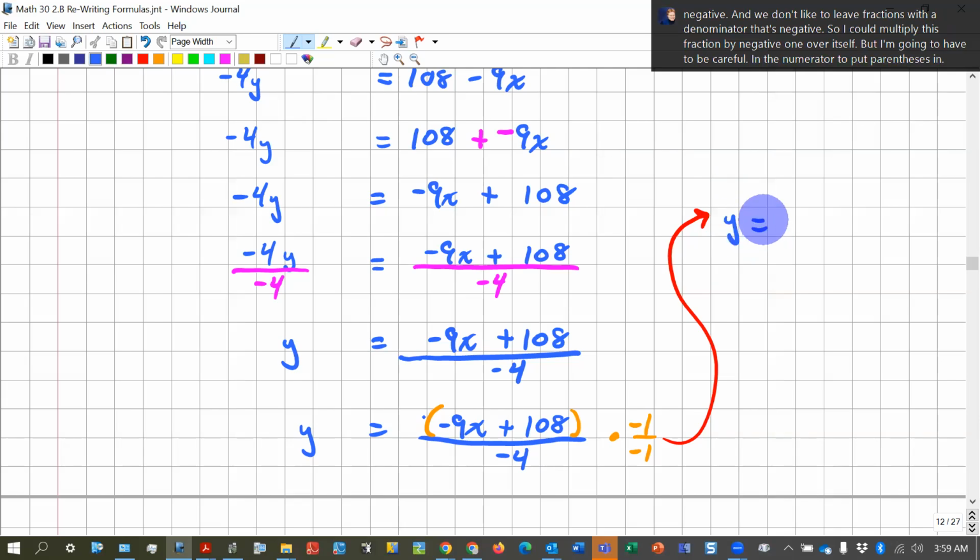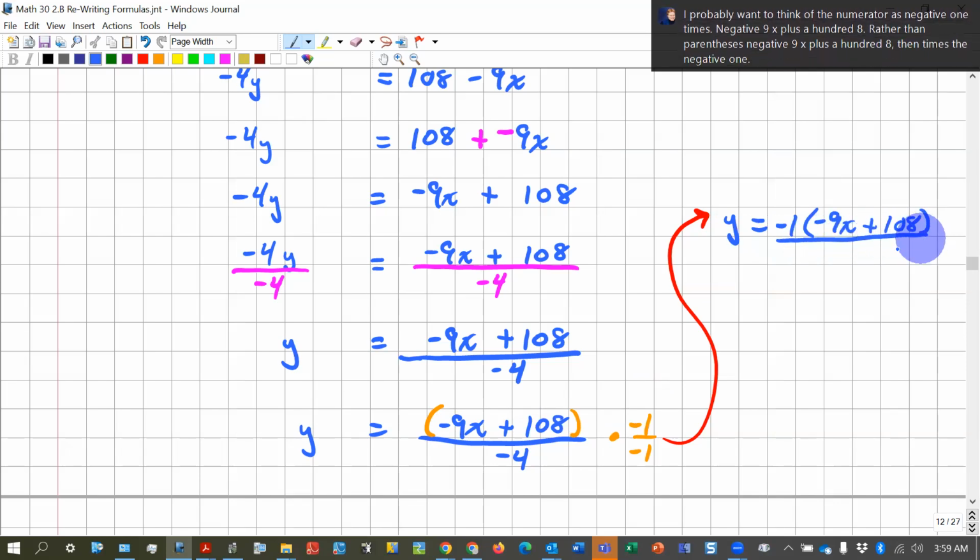And I probably want to think of the numerator as negative 1 times negative 9x plus 108, rather than parentheses negative 9x plus 108, then times the negative 1. But the denominator is now positive 1, so that's good. Positive 4, excuse me. It was negative 4 times negative 1, that's positive 4.